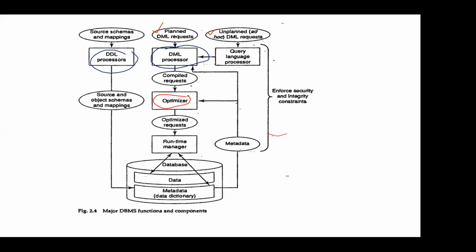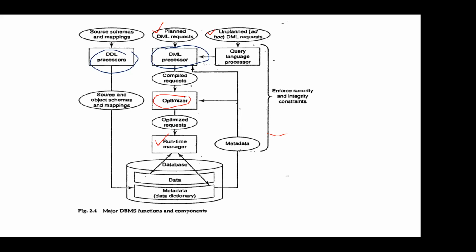chapters more and more. Optimized requests are then executed under the control of the runtime manager. So this processes the requests from DML to improve the performance of the DBMS, or it is an efficient way of implementing DML requests.